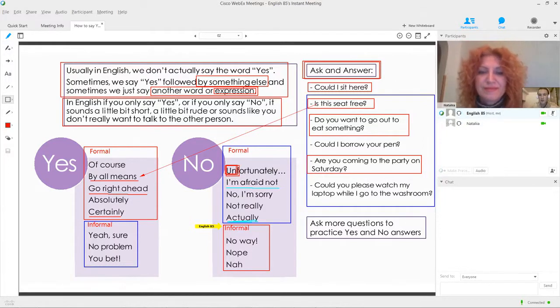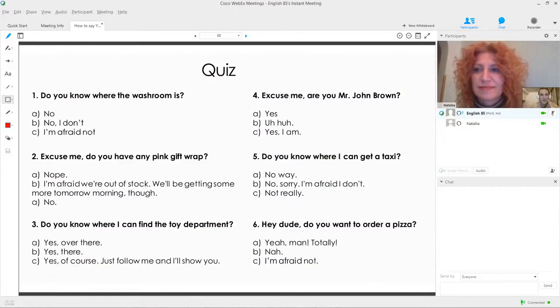So please look at the questions here. On the next page, this page is about a quiz. We have only 6 questions here. So please read the questions and try to think: is this a formal answer or informal answer? Okay, I will try to help you.